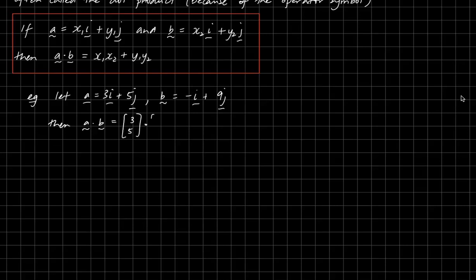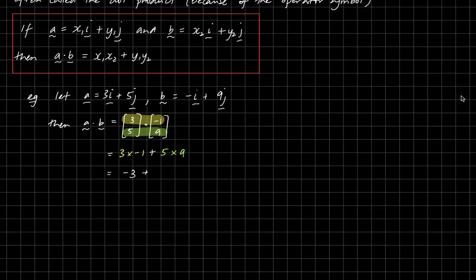So (3, 5) dot (negative 1, 9), and in column form it's really easy to read off the scalar product because it's the product of the i components, or the x values. So that would be 3 times negative 1, and then the product of the j or y components, so that's 5 times 9.